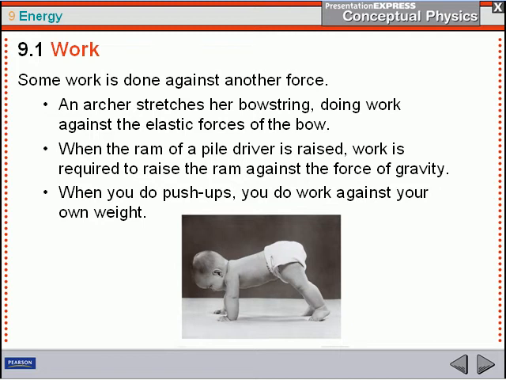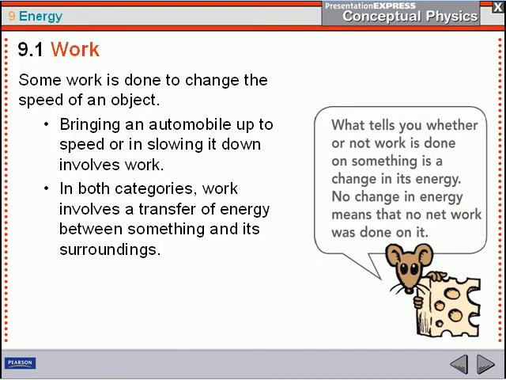And when you do push-ups, like this little baby is doing here, you're doing work against your own weight. There's also work that can be done to change the speed of an object, such as accelerating an automobile or slowing it down. You're applying a force over a distance to make that object speed up or slow down.